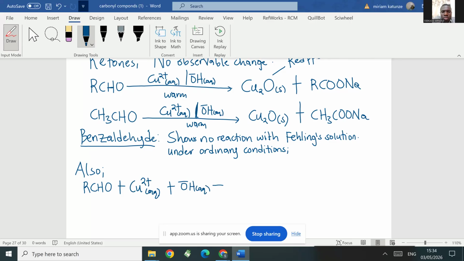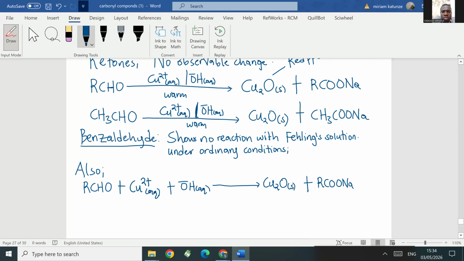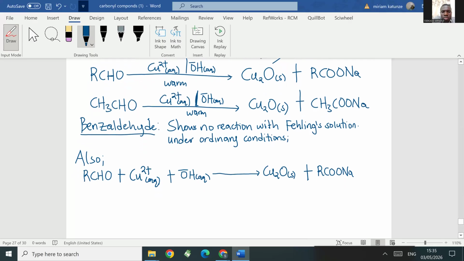What do you get? Copper 1 oxide, the brick red precipitate. The other thing is oxidized to RCOO, like that. So what do we have? I think there is water. Anyway, let me first balance and see.